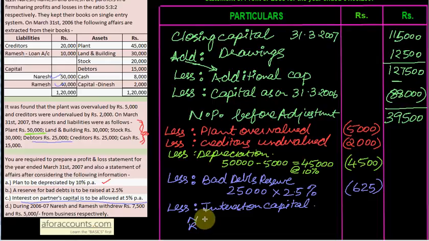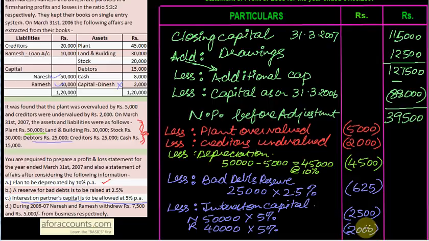So Naresh and Ramesh 50,000, 40,000. और दिनेश को कुछ नहीं मिलने वाला है क्योंकि उसका कैपिटल का बैलेंस डेबिट है, तो उस पर कोई इंटरेस्ट नहीं है. और 5% पे नरेश और रमेश को आप इंटरेस्ट दीजिए. That comes up to 5%, 2,500. इंटरेस्ट ऑन कैपिटल से प्रॉफिट कम होगा. और रमेश का 40,000 into 5% comes to 2,000. So this you have paid.